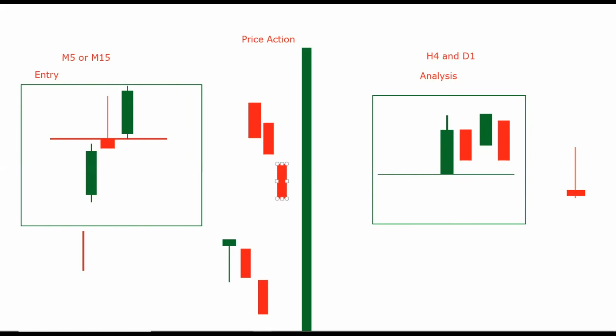Okay. So now, there is a scenario that happens in the market. It may happen in M5, M15. It may happen in H1, H4, M30.